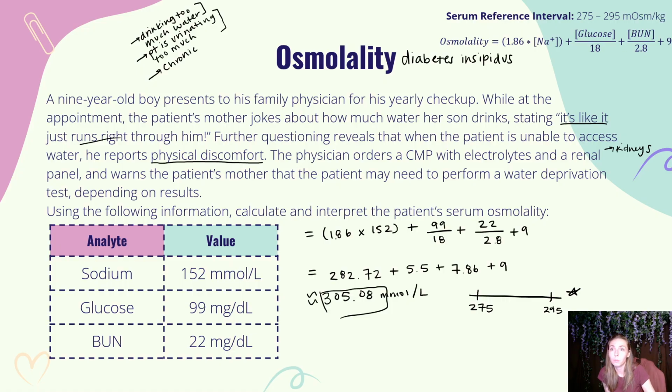Diabetes insipidus is one of the big causes of increased osmolality.